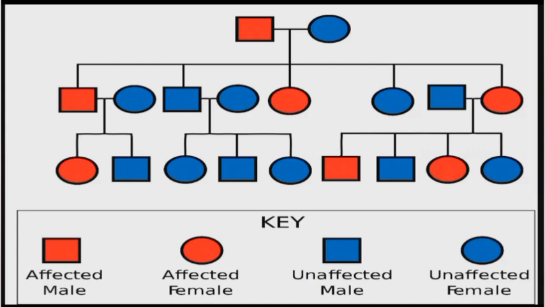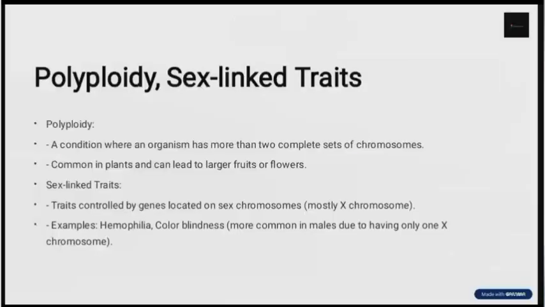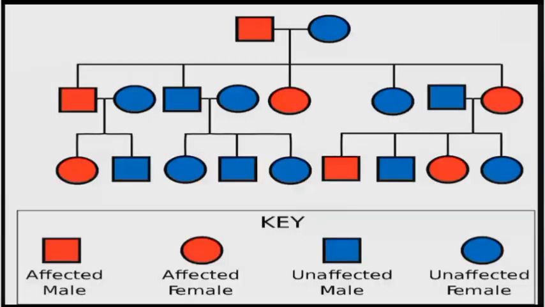When they are red, they are affected. When they are blue, they are unaffected. So you can start tracing them down. This is just a pedigree. You can screenshot this, trace it down yourself and use it for your further studies. I'll give 5 seconds for that so you can screenshot.